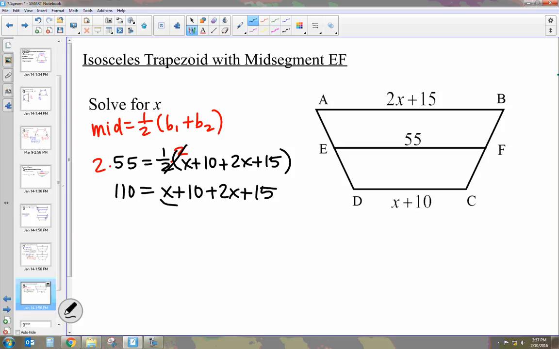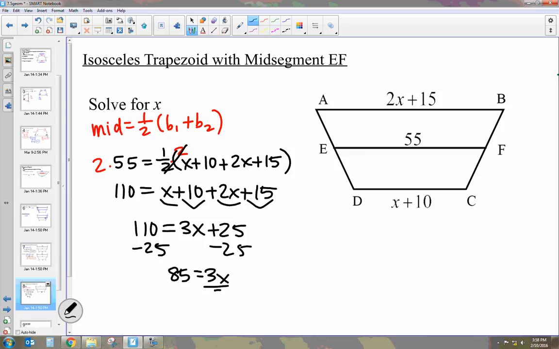I'm going to combine my like terms. So I get 110 equals 3x plus 25. Subtract the 25. We get 85 equals 3x. Divide by 3, and we get about 28.3 for x.